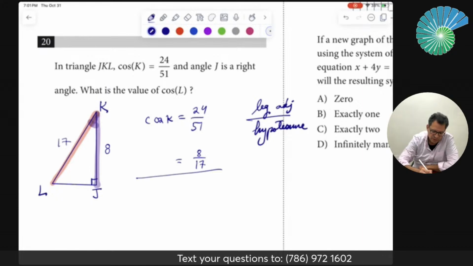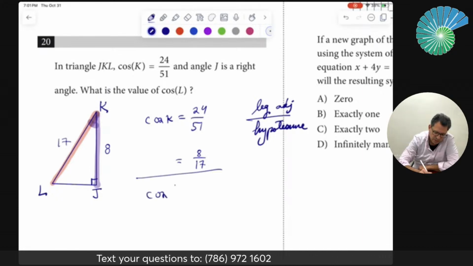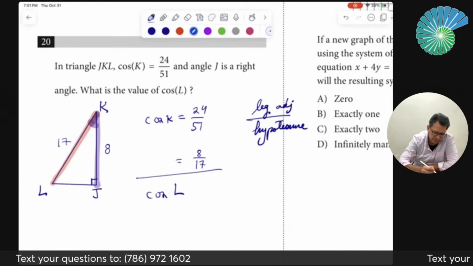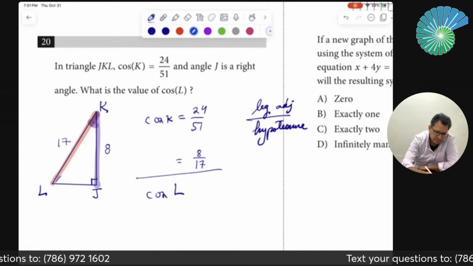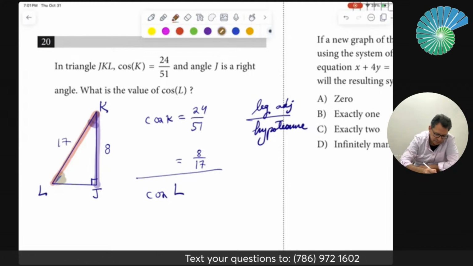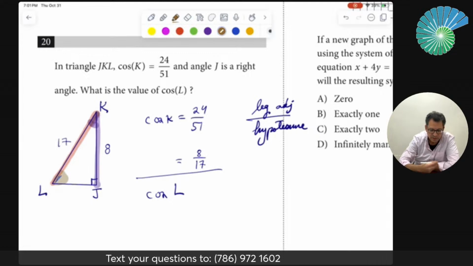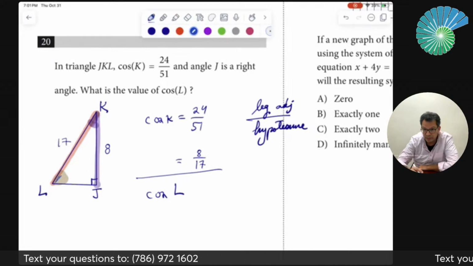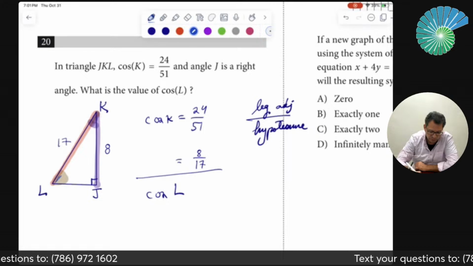And the question now is, what is the cosine of angle L? Now, angle L is here. This is angle L. And again, the cosine of any angle is the adjacent leg over the hypotenuse.